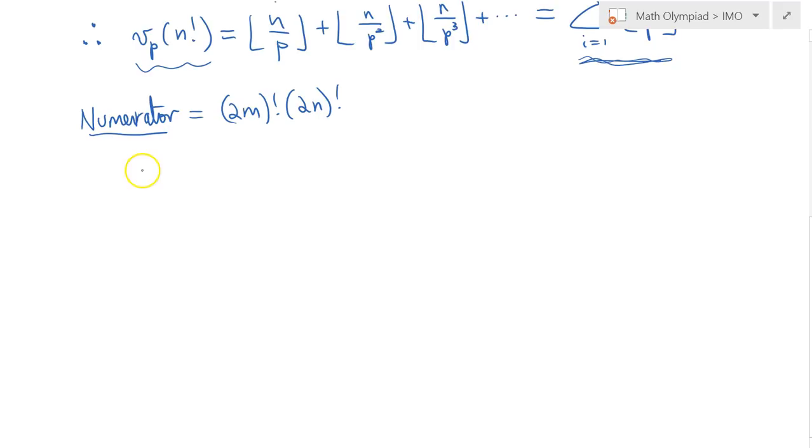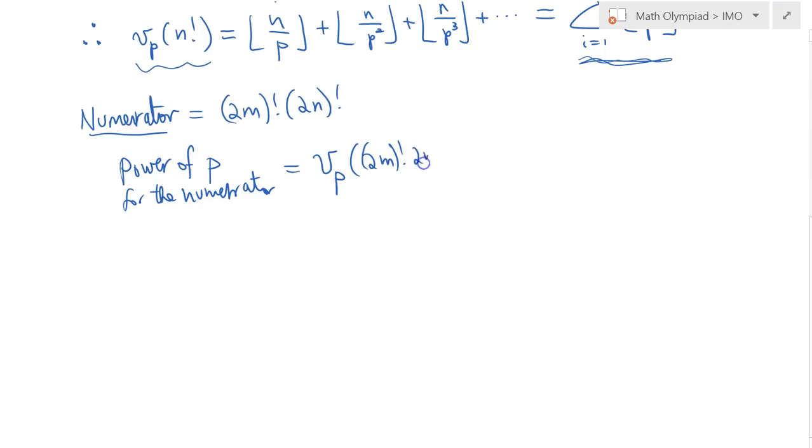Therefore, the power of p for that numerator is, well, exactly what I just said: VP of 2m factorial times 2n factorial is simply equal to, hey, I can just split these two, right? So it's just VP of 2m factorial plus VP of 2n factorial.